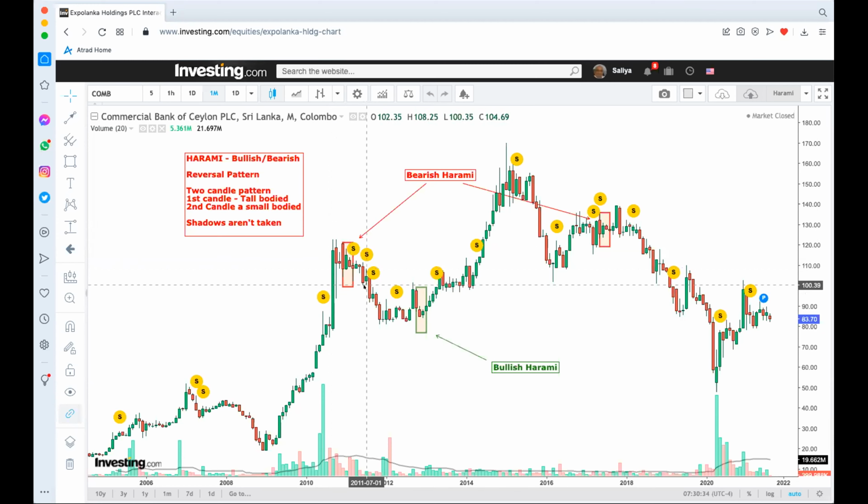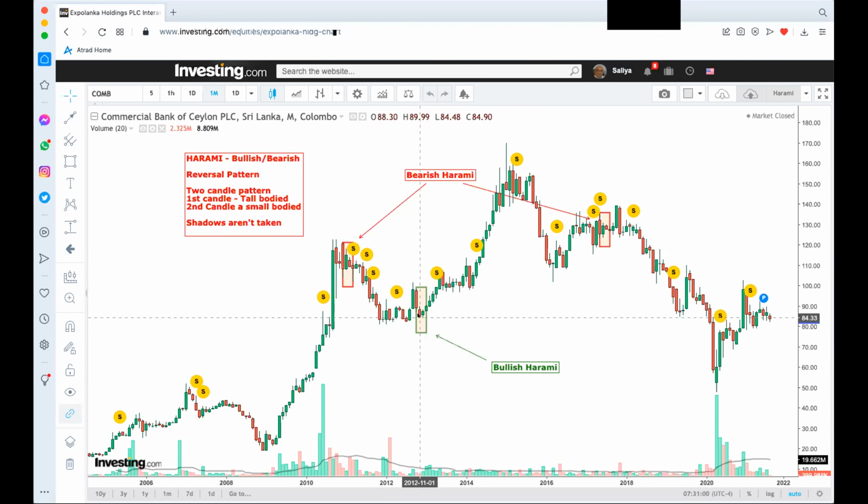Thereafter, at the bottom after this drop, there is a pause within a support range, and you can see a bullish Harami formation, where the body of the first candle is taller than the body of the second candle. So this is known as a bullish Harami at a support zone.